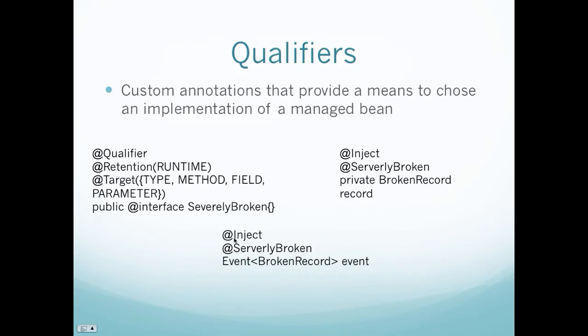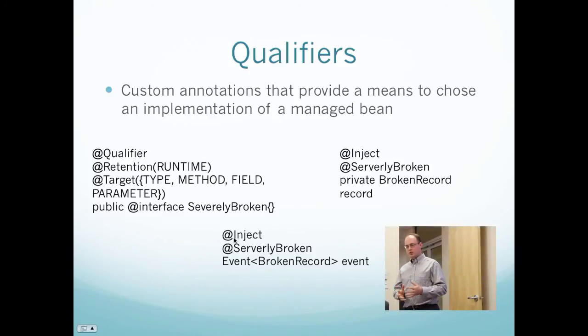Qualifiers. I didn't choose to implement a qualifier in this particular application, but I just wanted to make people aware of it. One way to choose the types that are injected is by making your own custom annotations. I kind of contrived it to fit into this application. I could do it on the straight-up injection side, or on the event side.